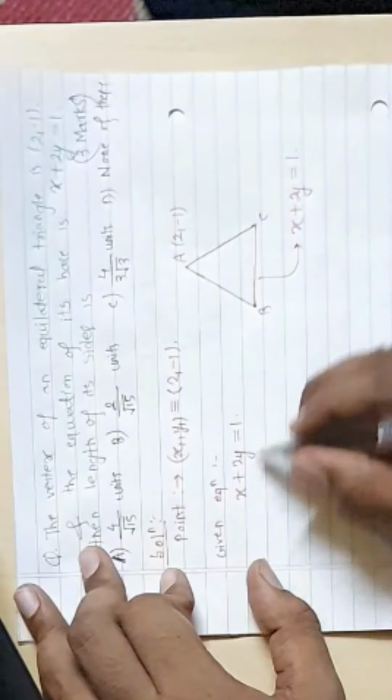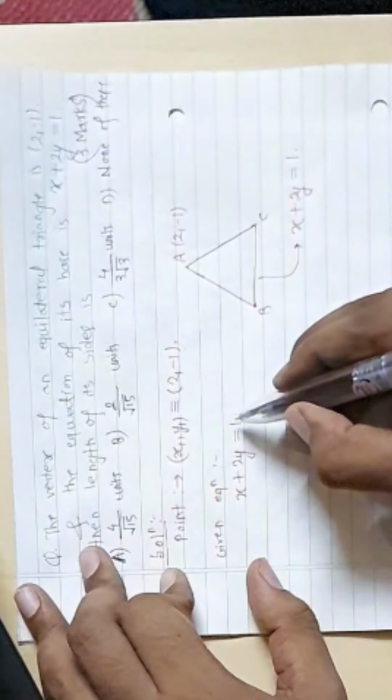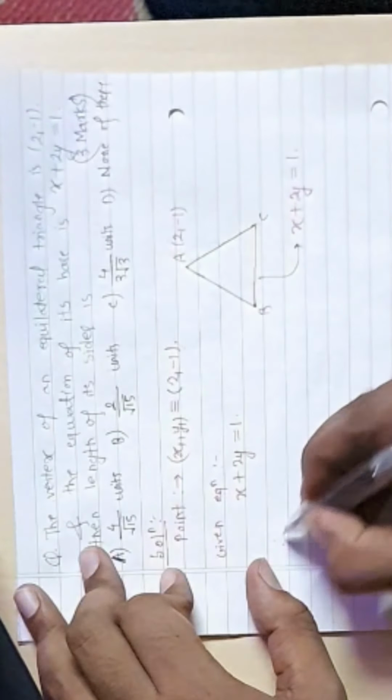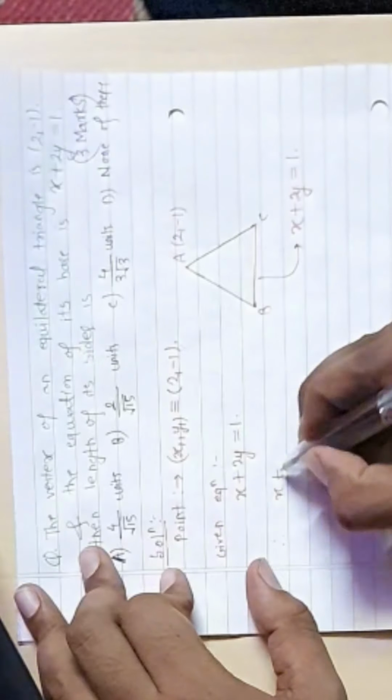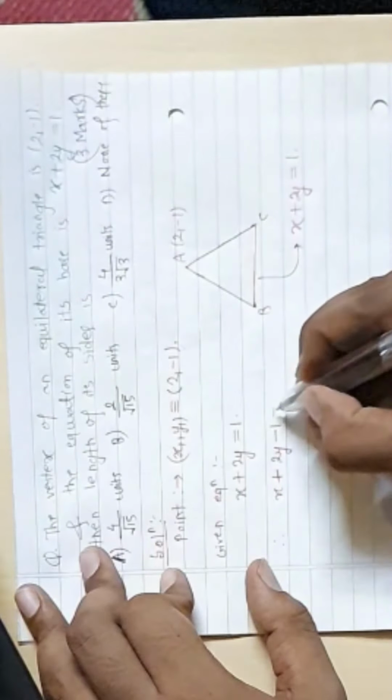So we have to convert this equation into general form. For that we put all terms on the left hand side. So what we get? x + 2y - 1 = 0.